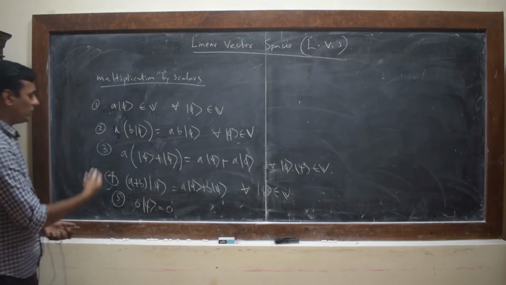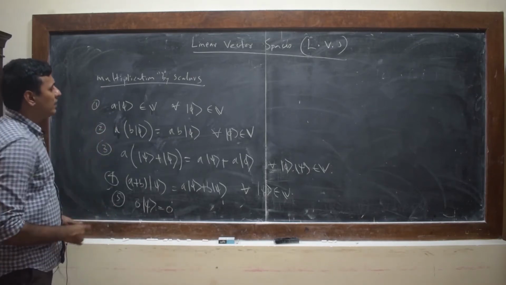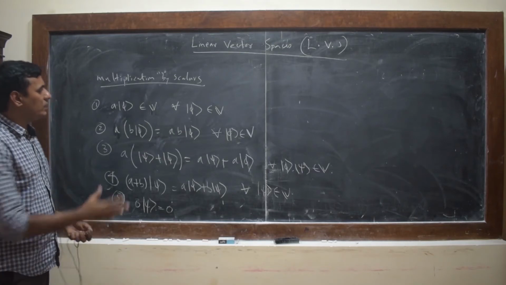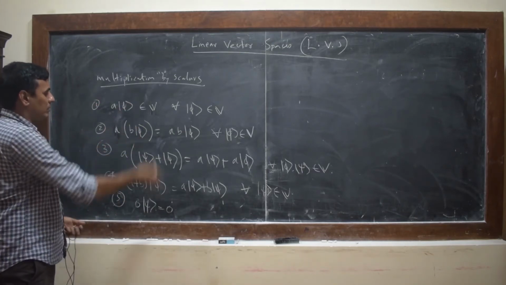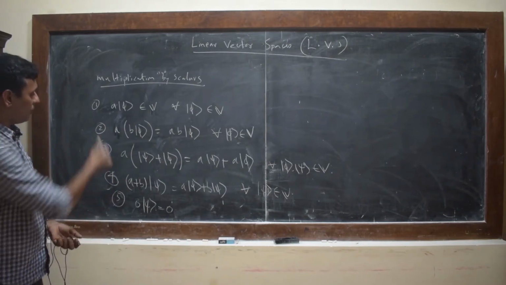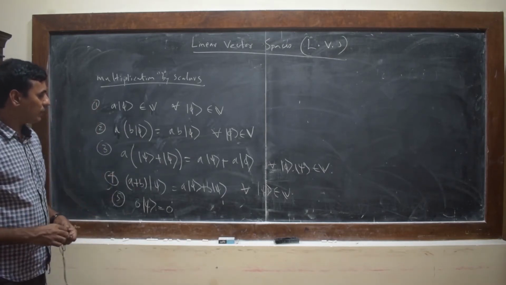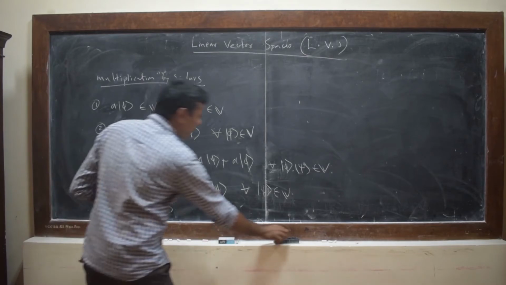So these are the properties of multiplication by scalars. I don't need to explain them further; these are all trivial things.